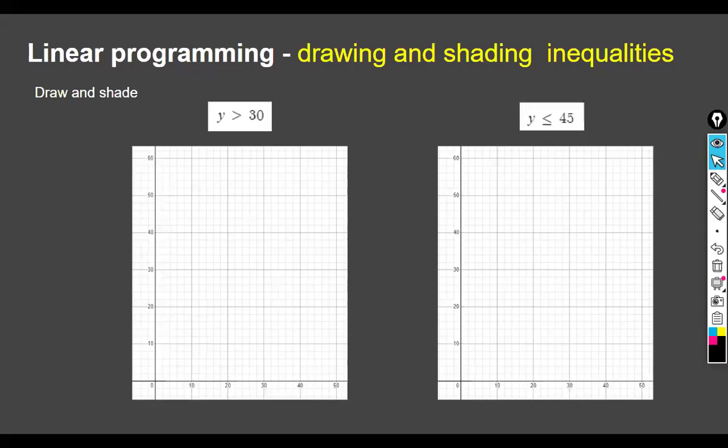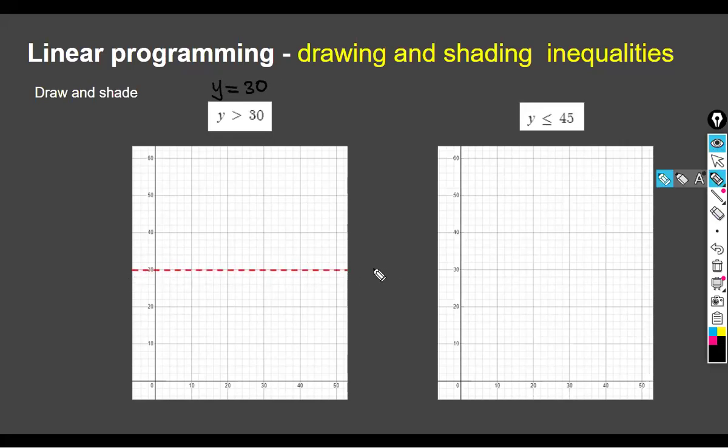Here, when you're drawing it, you're already drawing y is equal to t. That should be a horizontal line going through t, but it should be a dashed line. And it's more than. So that means I should shade what?